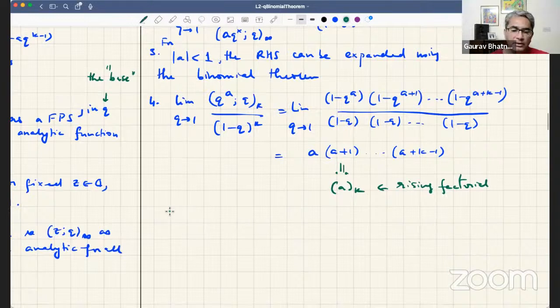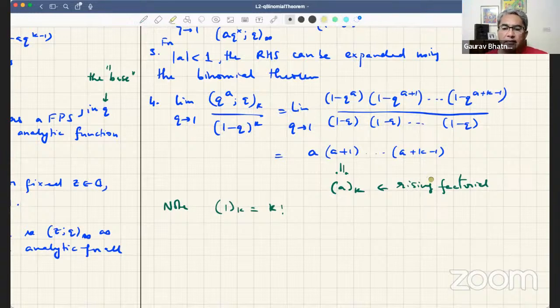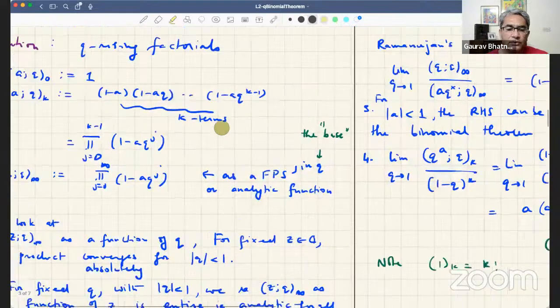And we note that (1)_k is k factorial. So this justifies these terms, rising factorial and also q-rising factorials.